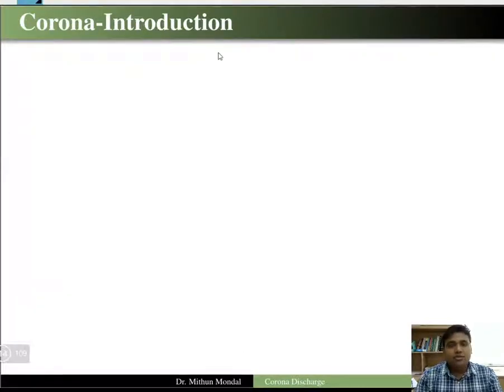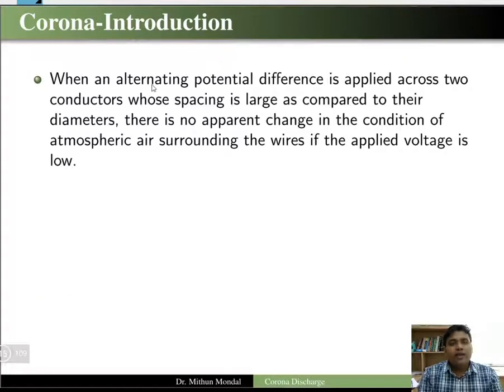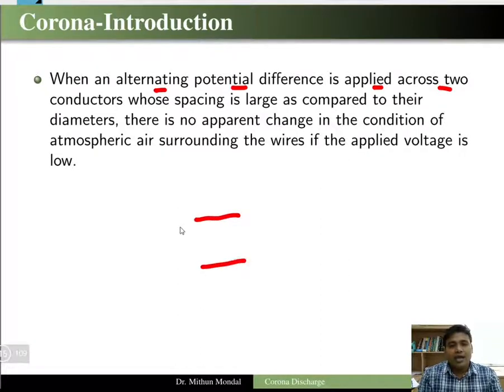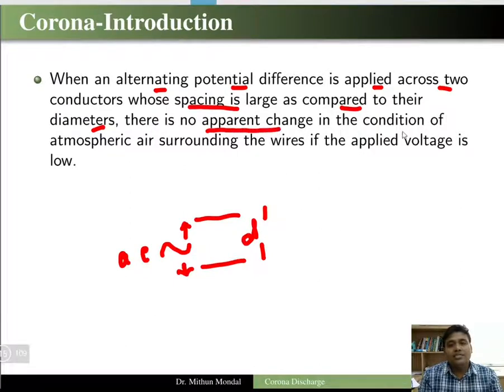Next, let us see the introduction of corona. When an alternating potential difference is applied across two conductors whose spacing d is large as compared to the diameter, there is no apparent change in the condition of the atmospheric air surrounding the wires if the applied voltage is low.